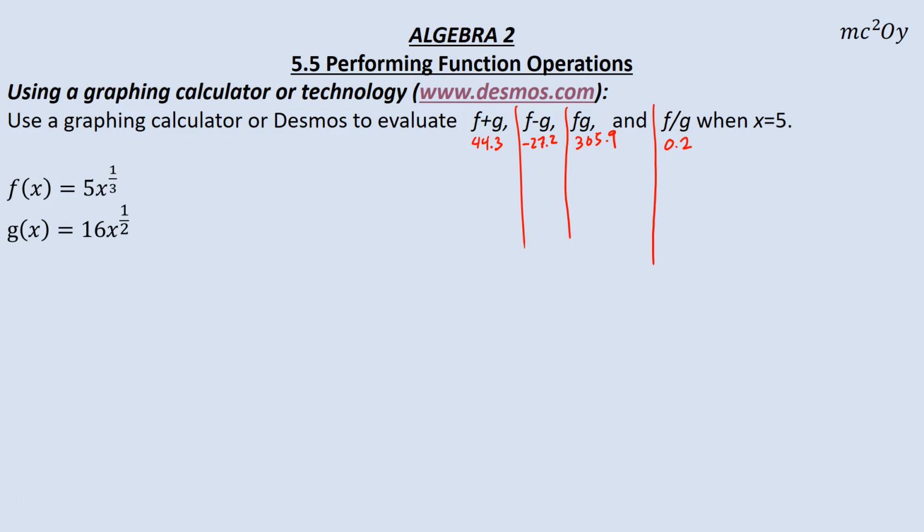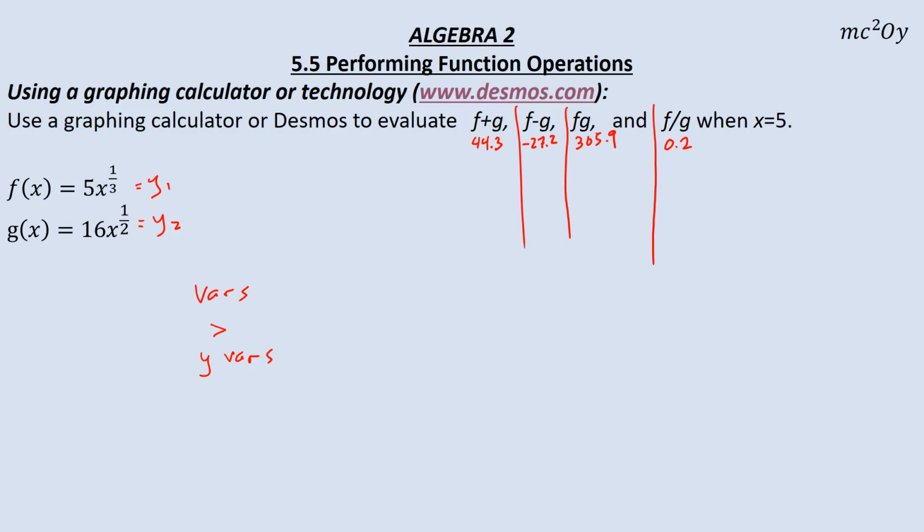So in the y equals menu, define these as y sub 1 and y sub 2. Then go to your VARS menu, arrow over to Y-VARS, and select Y-VARS.